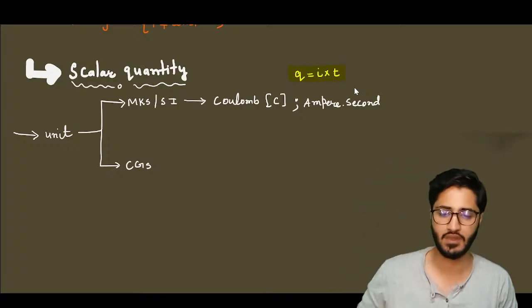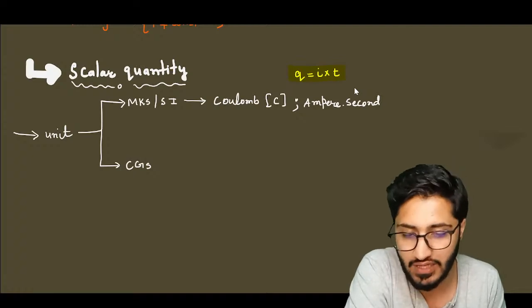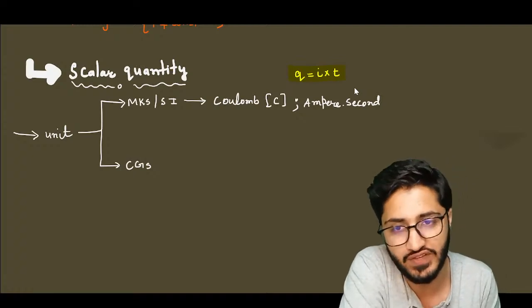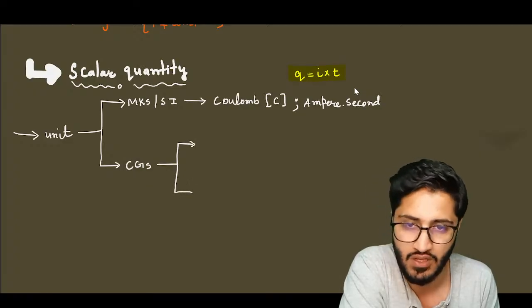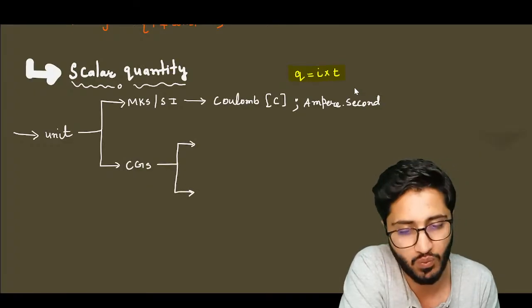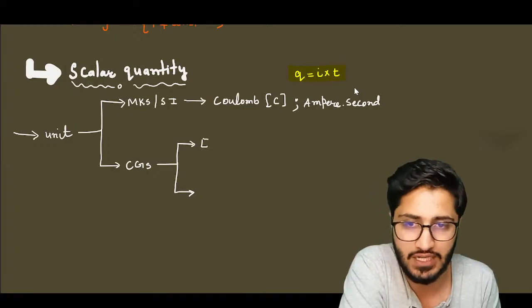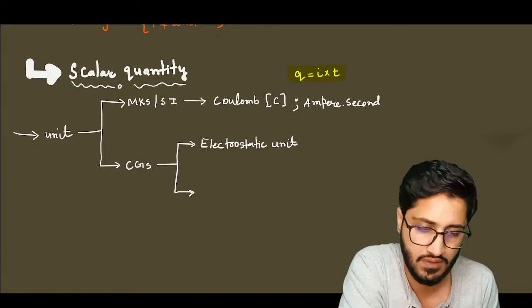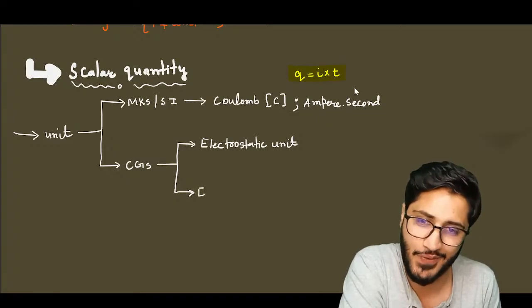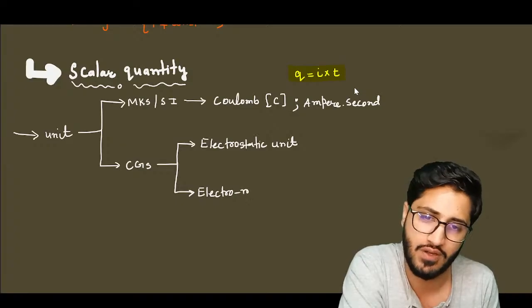Now, if we talk about CGS, in CGS we have two unit systems also. One is the electrostatic unit. One is the electromagnetic unit.